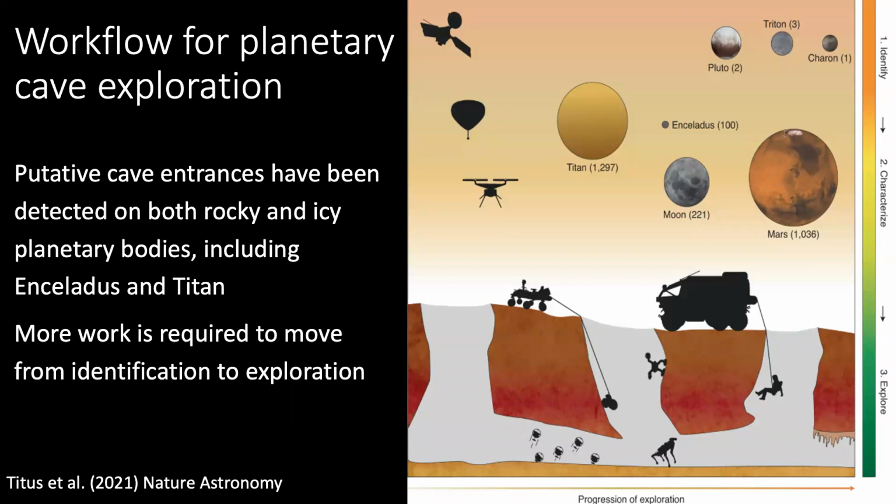And we have some amount of handle on what the caves look like, which gets us toward putting together an exploration process, whether that is robotic or human driven. And you can see that both examples are shown in the image. And so this is really where we're hoping to go.